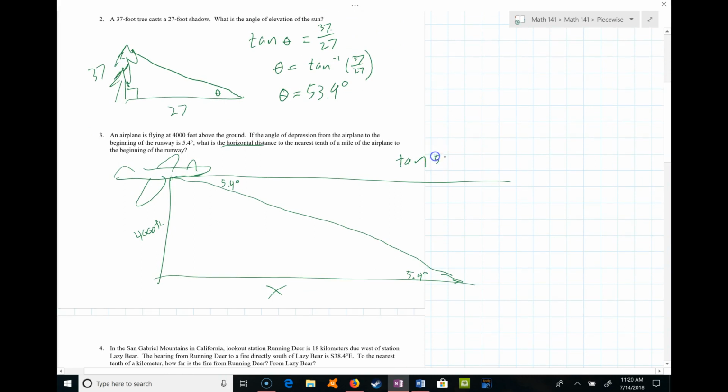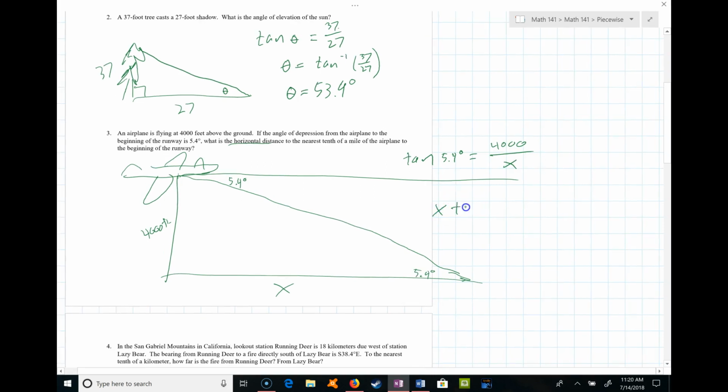So tangent of 5.4 degrees is going to be equal to opposite over x. To solve that, I'd multiply both sides by x. x times tan of 5.4 degrees equals 4,000. Then divide by tangent. So x equals 4,000 divided by tan of 5.4.